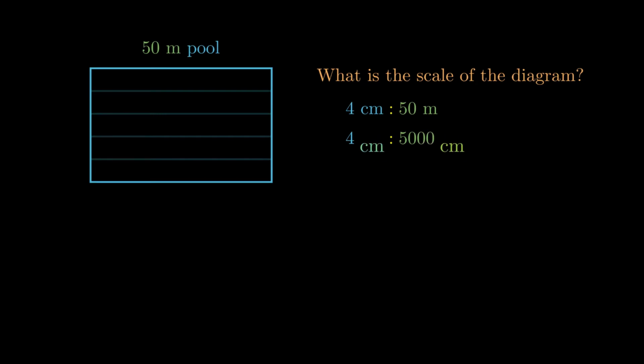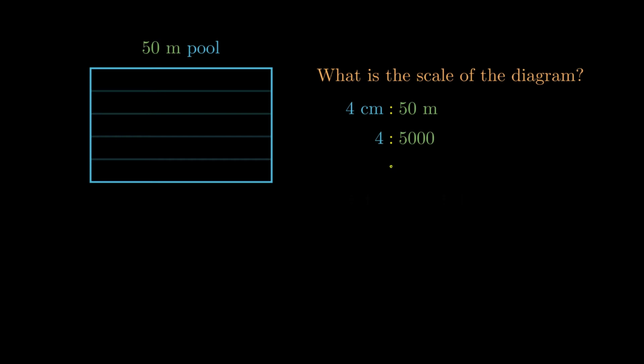Now that the units match, we have made a fair comparison, so our scale can be correctly written as 4 to 5,000. Of course, it's most convenient to fully simplify this, but also, as we mentioned before, it's really nice to have the blue number as 1. It just makes the thinking so much easier.